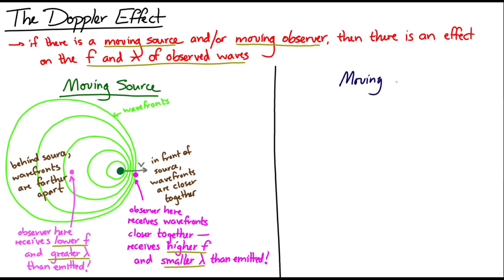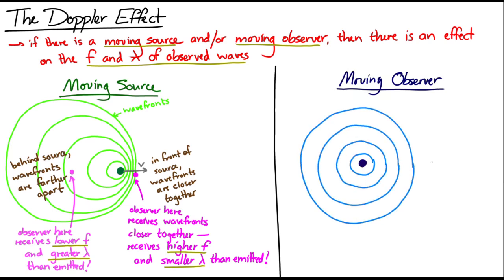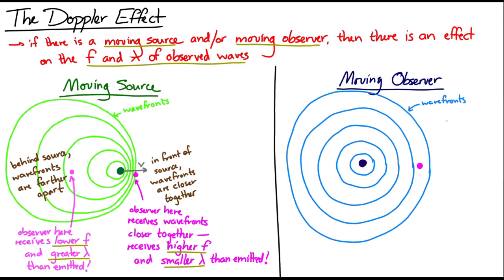But now let's think about a situation where the source is stationary, but we have a moving observer. So the source is stationary. Let's draw the wave fronts around this source. And now imagine an observer that is moving toward the source. As it moves toward the source, it will encounter the wave fronts more rapidly than it would if it was stationary.